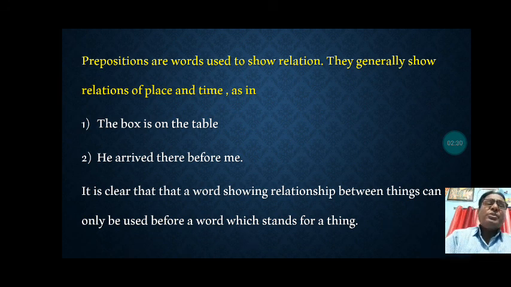He arrived there before me. Here in this sentence you can see before is the preposition. So it is clear that a word showing relationship between things can only be used before a word which stands for a thing.